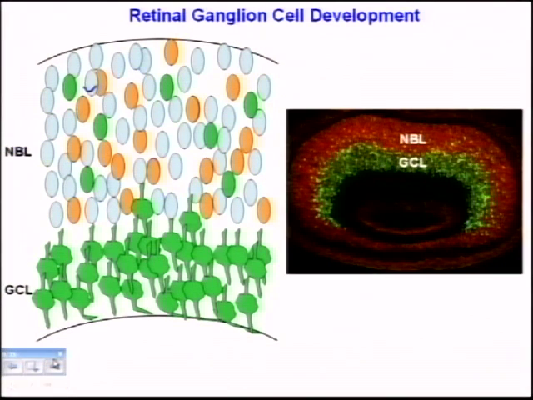It's a very famous factor. And this factor is reporting the initial differentiation of the ganglion cells. You can see the ganglion cell layer lit up in green by the formation of these cells. So we want to know, really, how does this all happen? What's going on here?